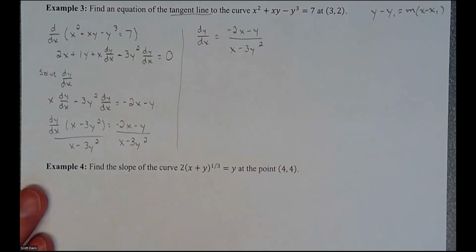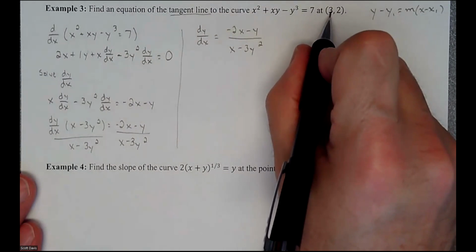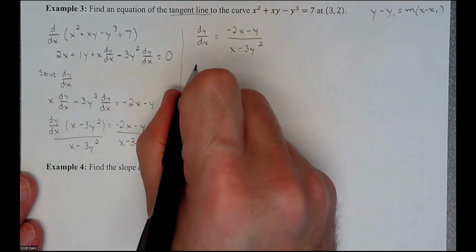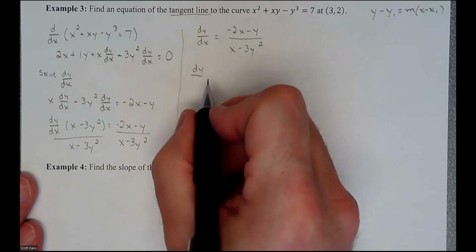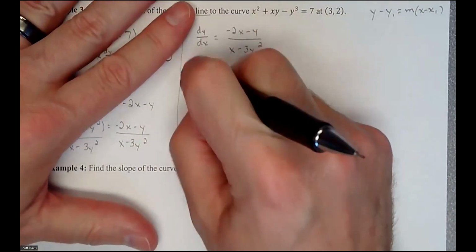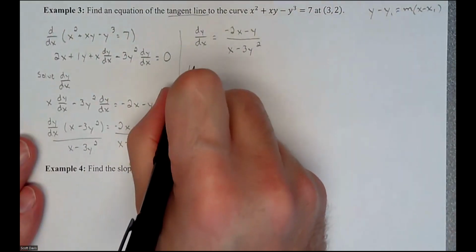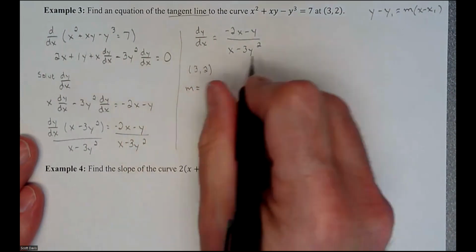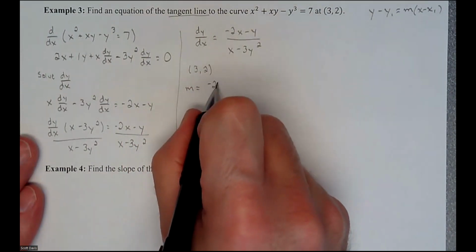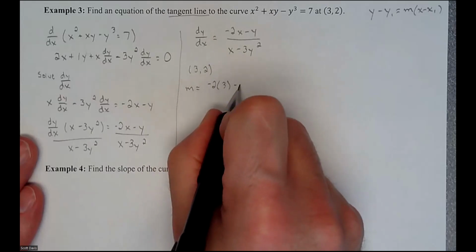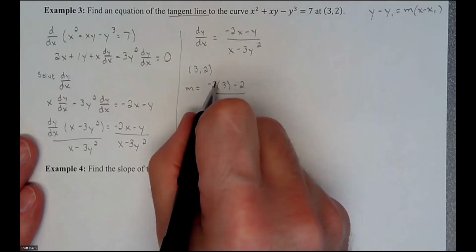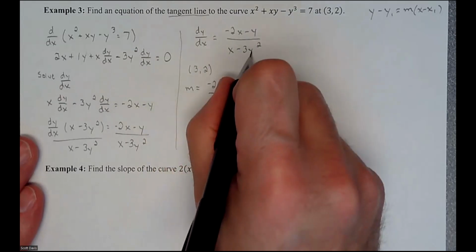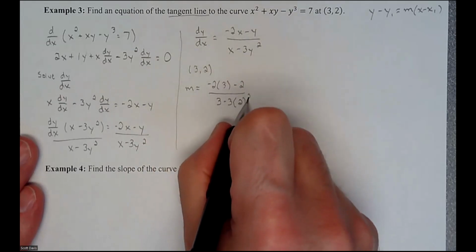Now I can use that for anything. They give me a particular coordinate: x is 3, y is 2. I can sub in those values and figure out the slope at that particular point. Our slope at that point is negative (2 times our x value of 3 minus our y value of 2) divided by (our x value of 3 minus 3 times our y value of 2 squared).